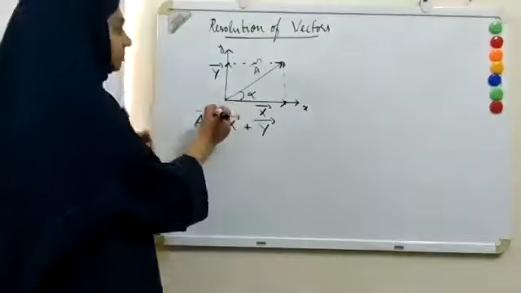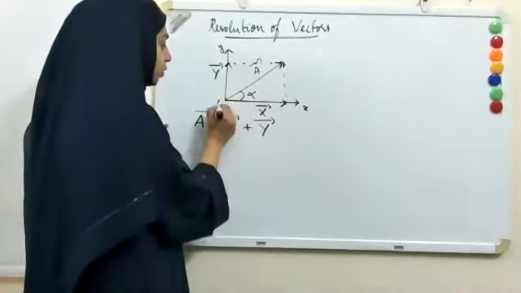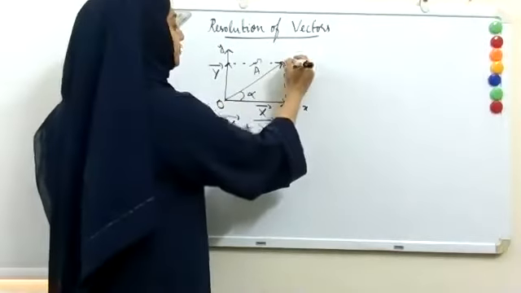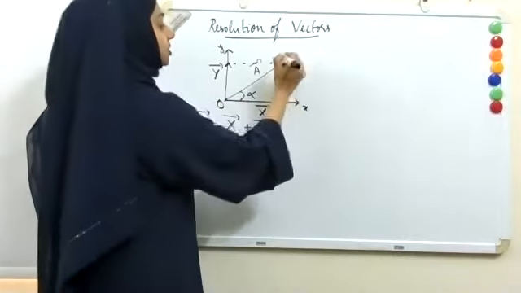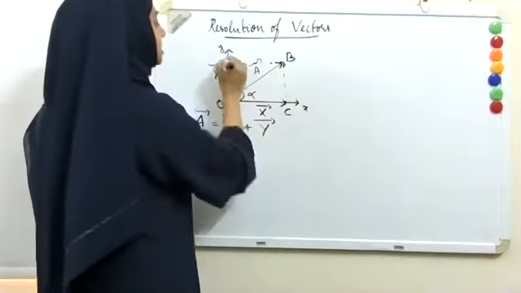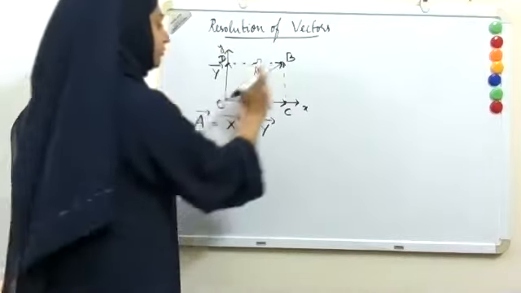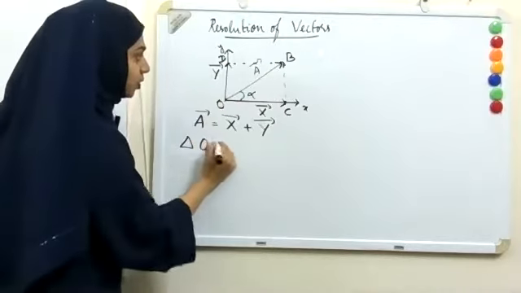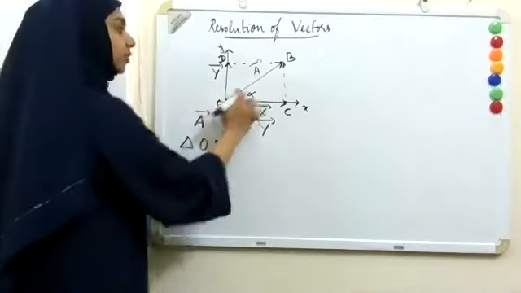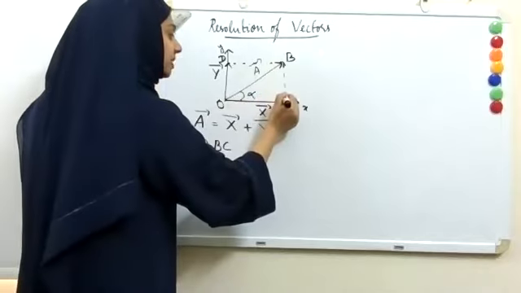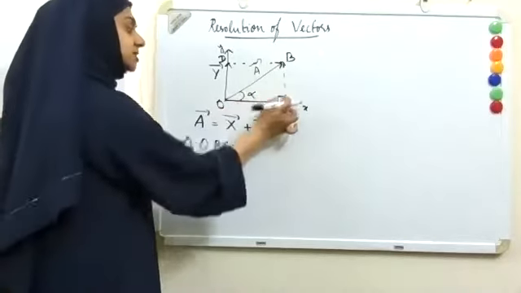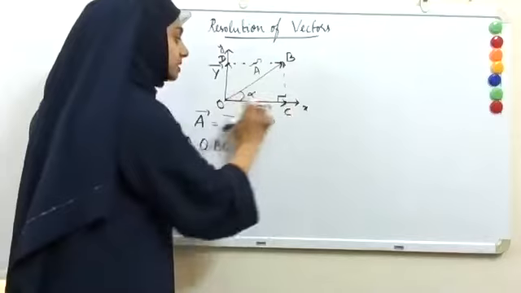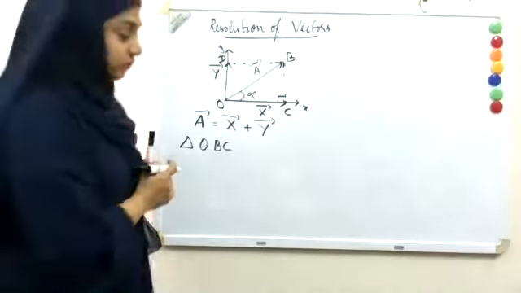For that, let me note these points as O. This is A, so we use that letter. Let me put this as B, this as C, and this as D. Now from here, consider the triangle OBC. These are perpendicular. So this angle is 90 degrees and triangle OBC is a right angle triangle.